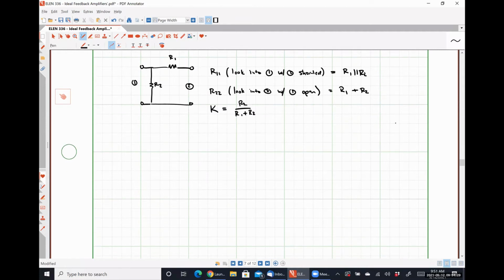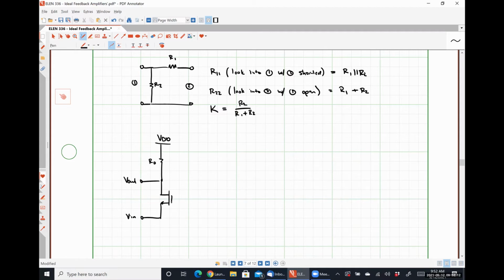So I'm going to redraw my circuit. Here's VDD. Here is RD. Here is Vout. Here is Vin. All right, so now let's talk about how we place R11 and R22. R22 is the resistance that we see looking into port 2, which was the port connected to our output.